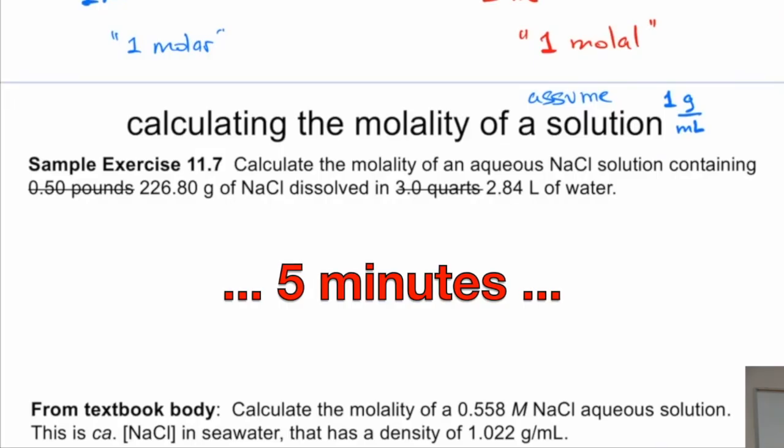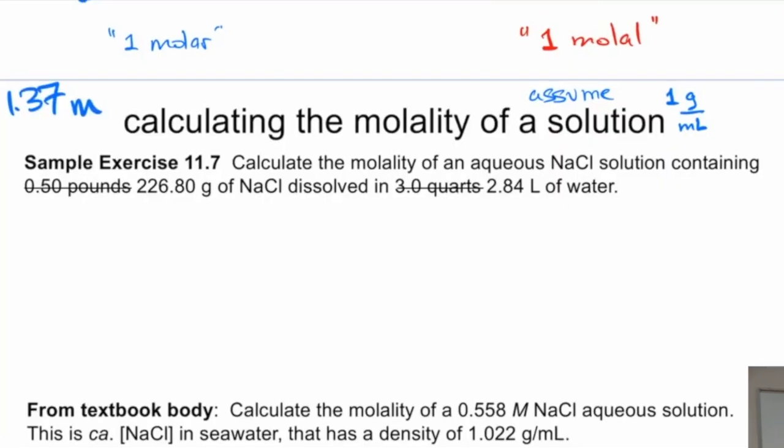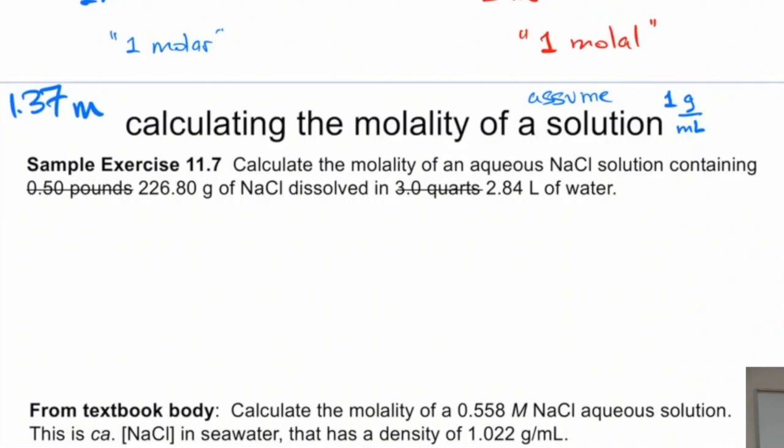Let's just write this down. 1.37 molal. What did you get? 1.37. Anyone else get 1.37? Anyone get something different from 1.37? I also got 1.37 molal. So congratulations. Now for everyone else, let's go ahead and run through this.